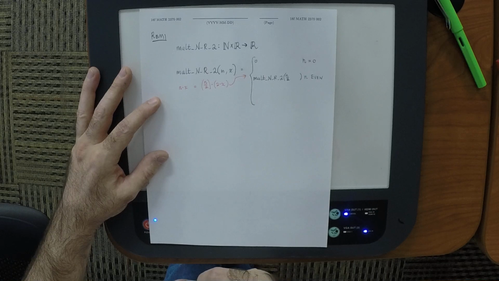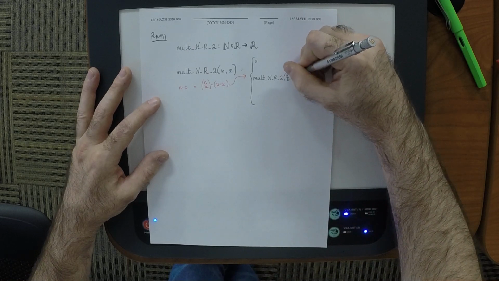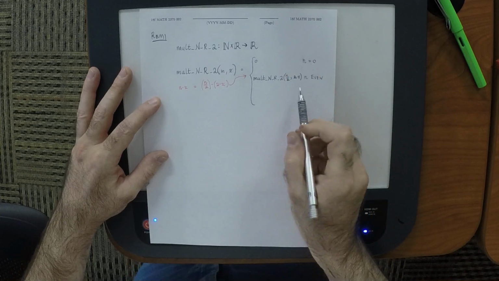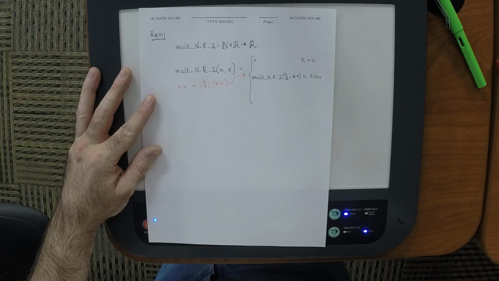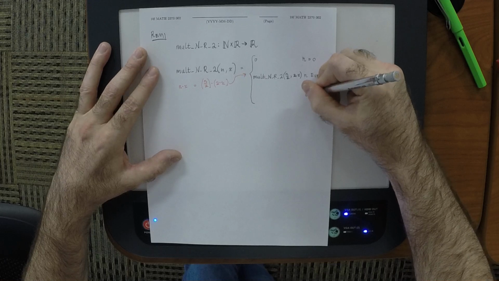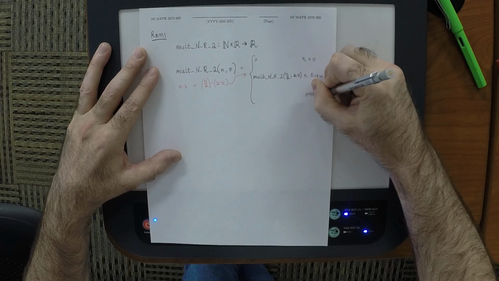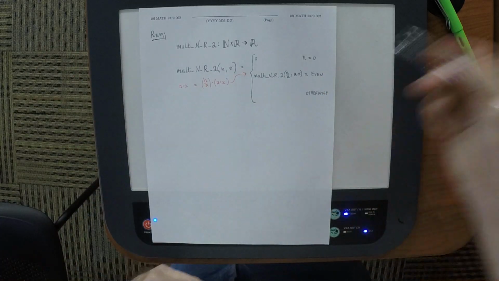And 2x. When n is even. Okay, and then otherwise, of course that means n is odd, but I'm just saying otherwise.